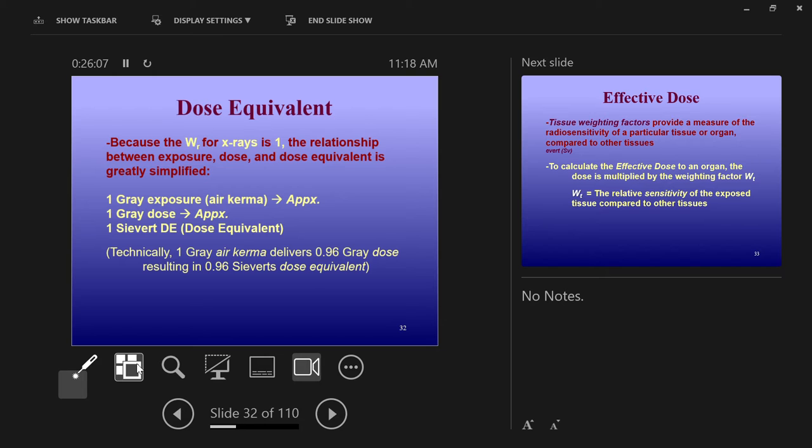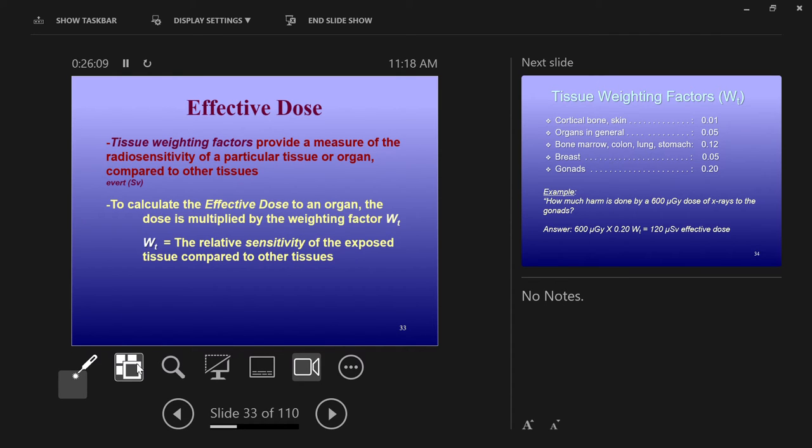The last thing is learning that all tissues in the body are not created equal. Certain tissues are more susceptible to harm from radiation than other tissues. So you add in what's called the tissue weighting factor, and you get something called the effective dose.